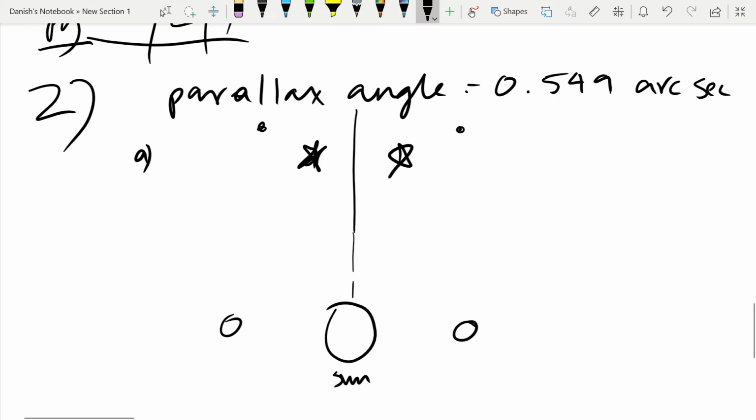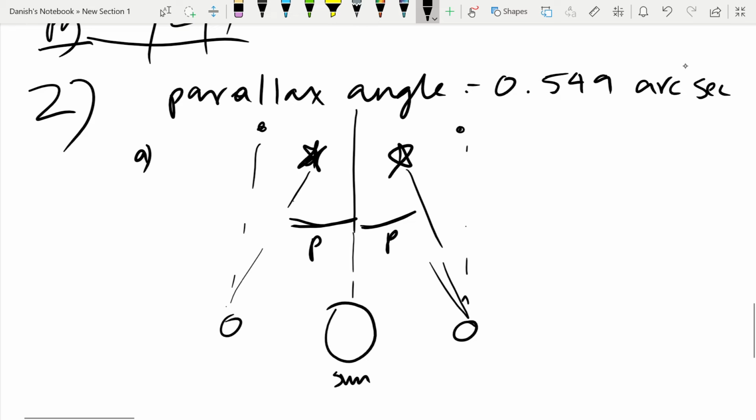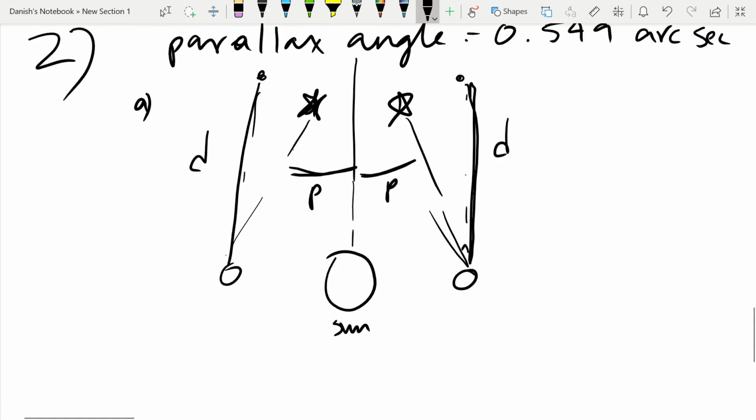So we look at a closer star first, which is this, and then we look at our distant star. And essentially we look at this angle right here. So this is equal to P, and this is also equal to P. So those are basically our angles. So this whole distance is the distance to the star, essentially. And that's how it's used to calculate, basically. So done.